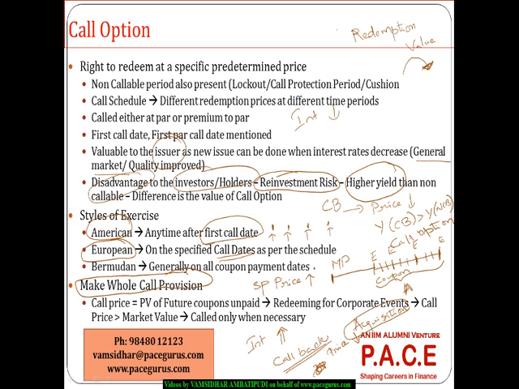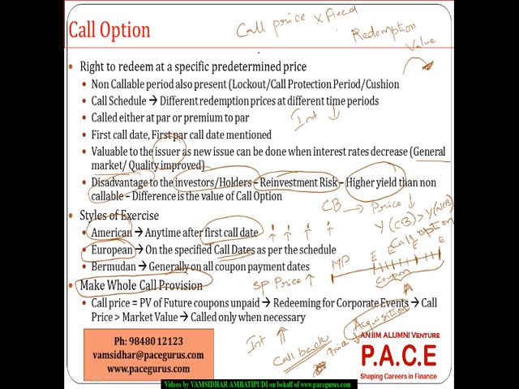But let's say the company wants to call back the bonds during that particular point in time. Normally, when the interest rates are higher, it might end up paying a much higher amount to the investors to call back, and that is where this make whole call provision comes up, where the specified call price is not fixed.